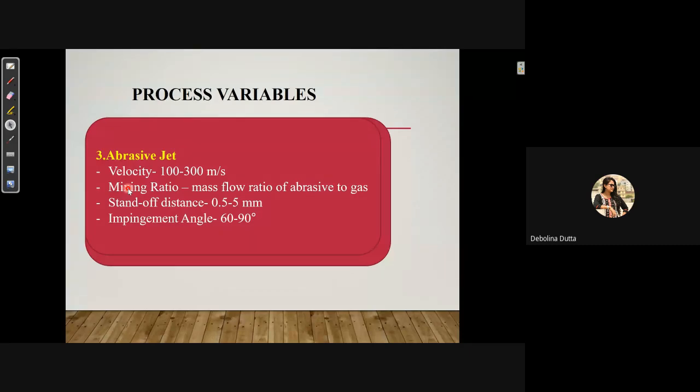If you are pumping too much abrasive, they are not accelerated properly. So the mixing ratio should be very constant. You can understand, if I introduce too many abrasive particles into the jet, they will not accelerate properly. That's why the mixing ratio should be done very carefully, not carelessly. That is the mixing ratio, the mass flow ratio of the abrasive to gas.